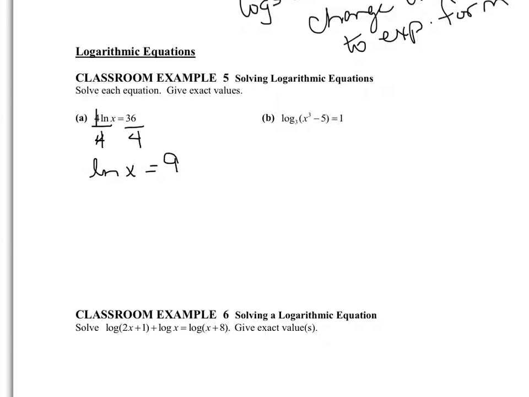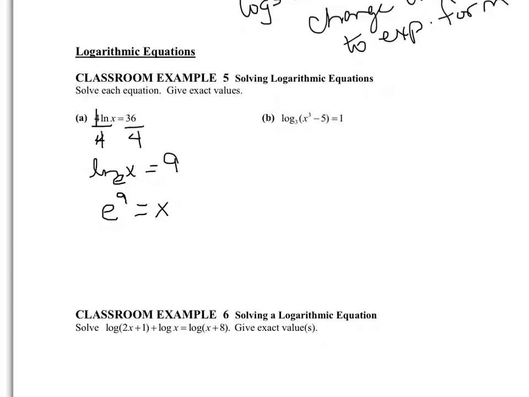Now, I have no idea what number I need so that when I take the natural log of it, I get 9. But what I do know is that the base on a natural log is base e. And I can pull this back into exponential form if I write it as e has to be raised to the 9th power in order to equal x.